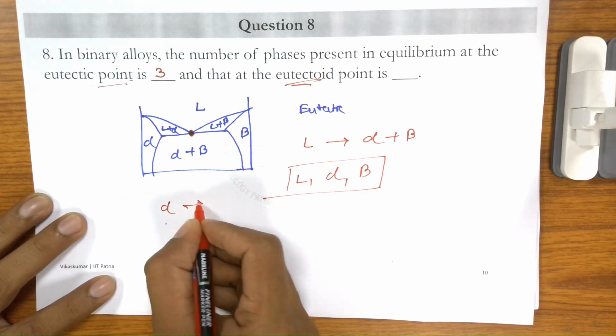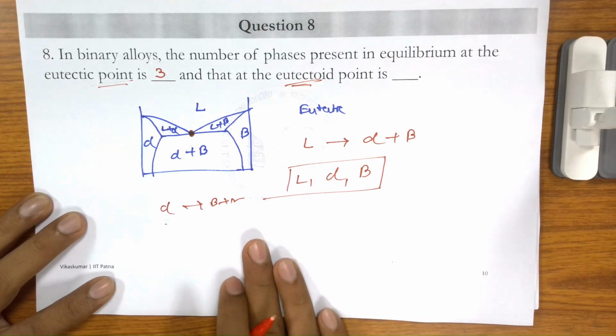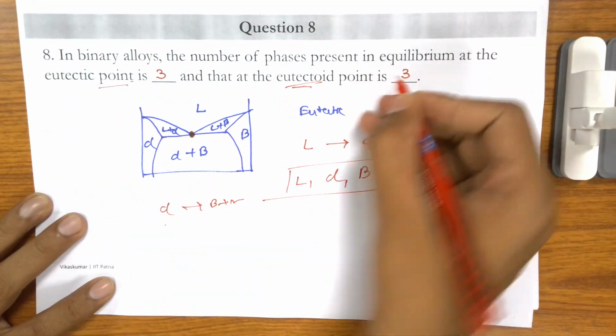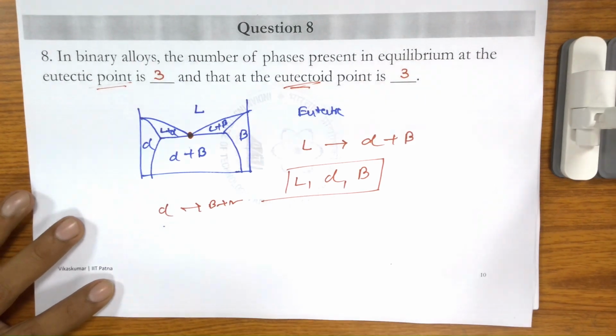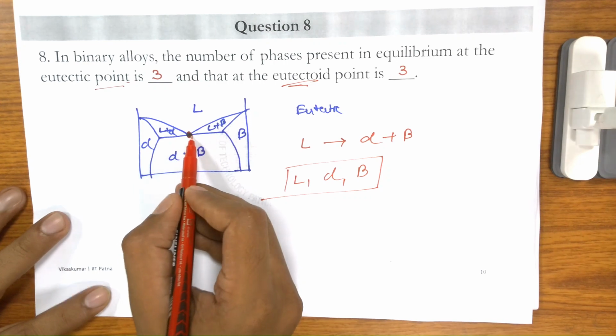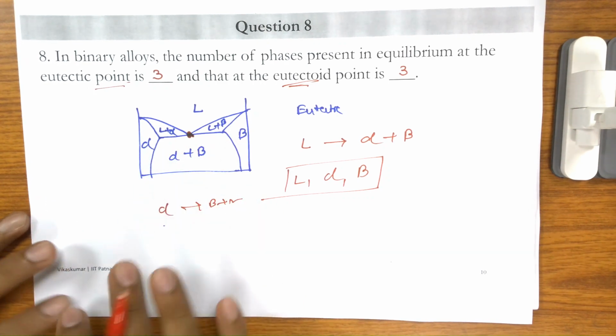Alpha is going to be beta plus gamma, or anything you can say. Any two solids it's going to be. So in this case, the number of phases present will be 3. So in both the cases, at the eutectic point or at the eutectoid point, the number of phases is equal to 3.